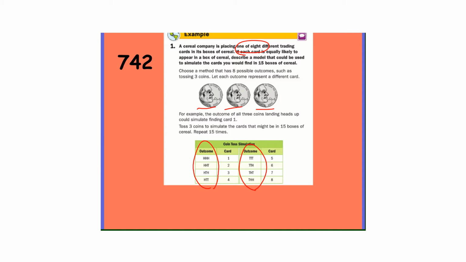So you could simulate 3 coins in place of making a simulation for 8 different trading cards. So toss the 3 coins. If you get tails, tails, heads, you get card number 6. If you get heads, tails, heads, you get card number 3. That's just an example.